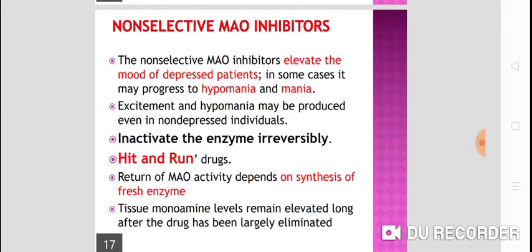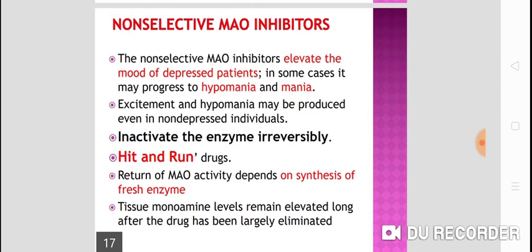monoamine levels, meaning levels of dopamine and serotonin, remain elevated long after the drug has been largely eliminated. Though the drug has been largely eliminated or excreted from the body, the action still remains in the body. Why?